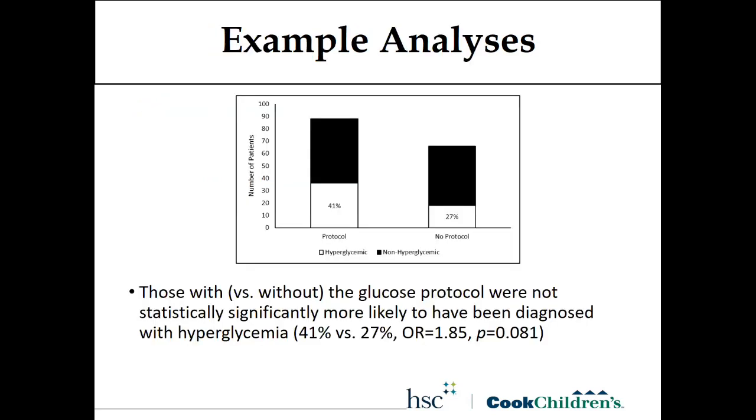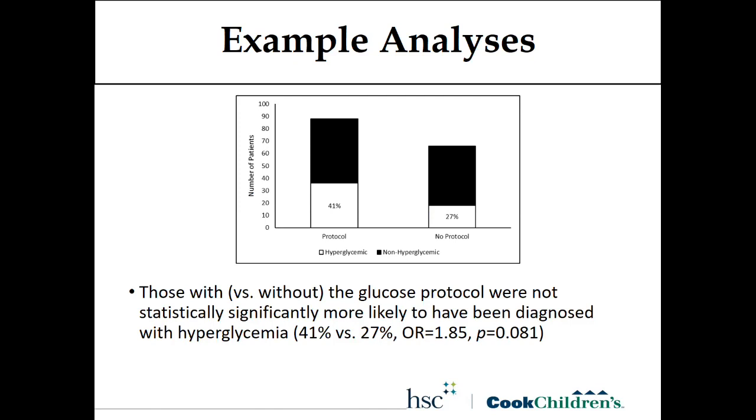All right, so let's write it up. Here I've given a stacked column chart of hyperglycemic and non-hyperglycemic patients, stratified by whether or not they were on the protocol. These are the frequencies on the y-axis, and I've put in labels for the percentages of patients in the hyperglycemic category for each group.